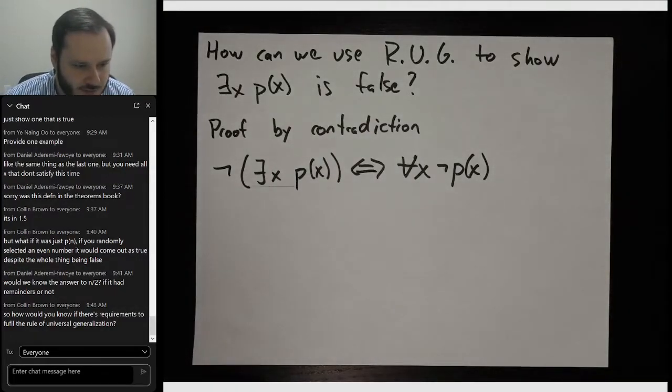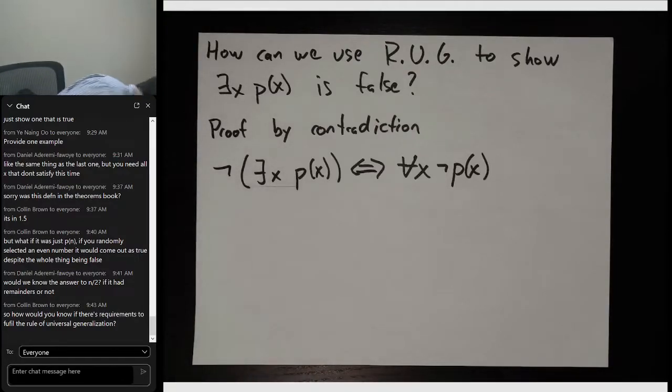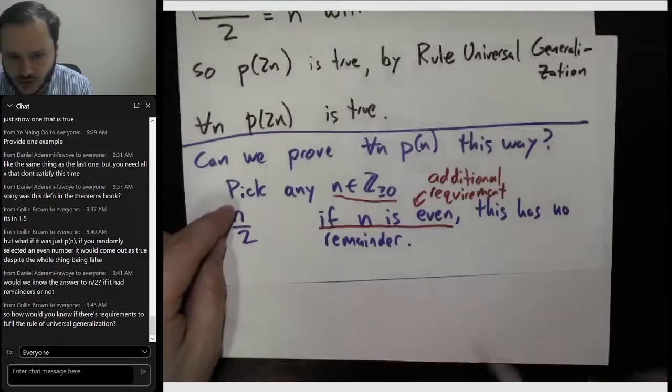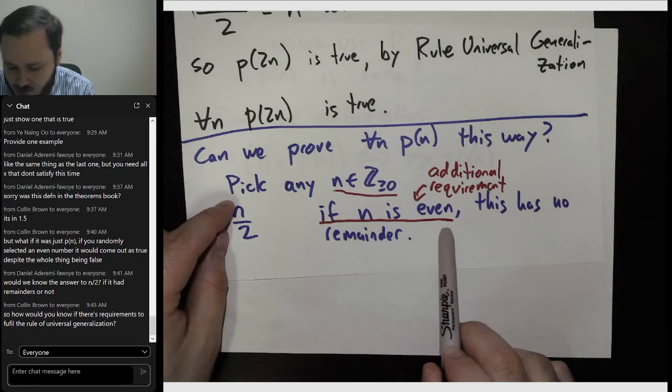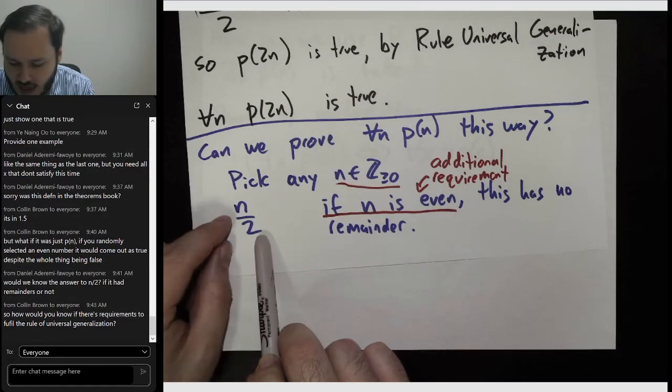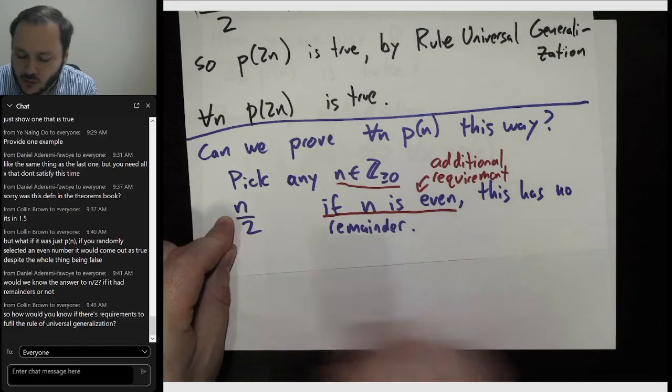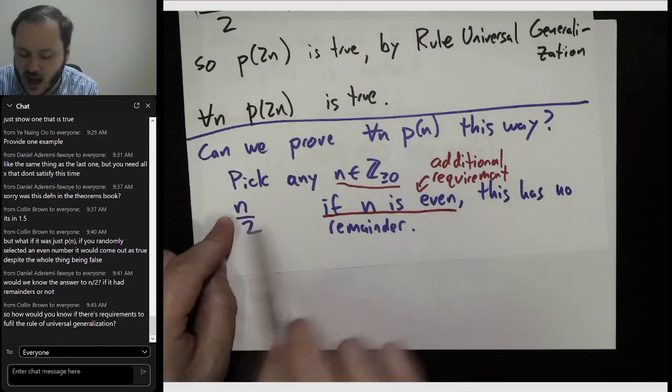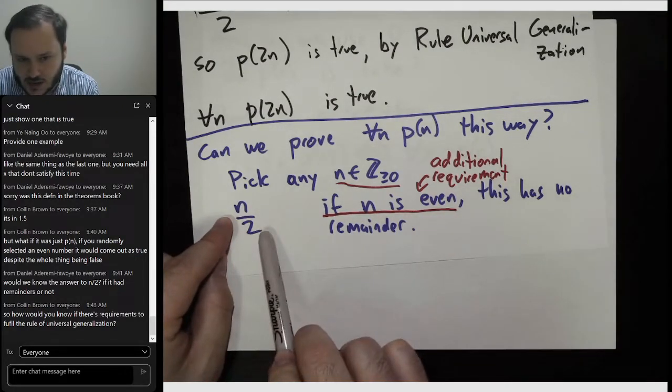Okay, good question from chat. How would you know if there's requirements to fulfill the rule of universal generalization? It's exactly this additional requirement we had here. This was only true, n over 2 has no remainder, only when n is an even number. If n is an odd number, then this does have a remainder.